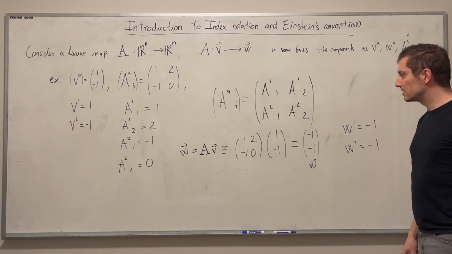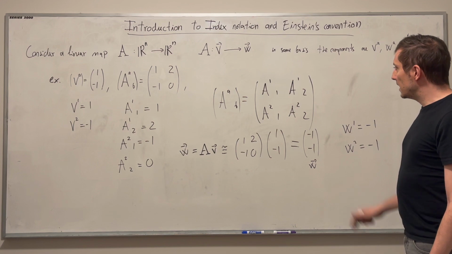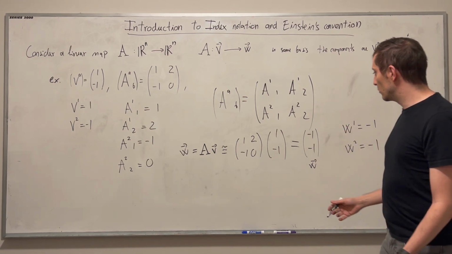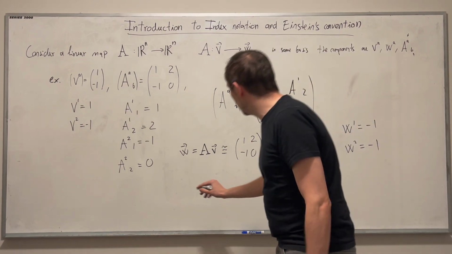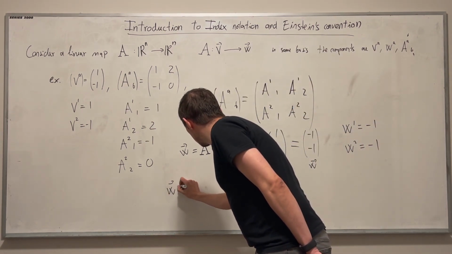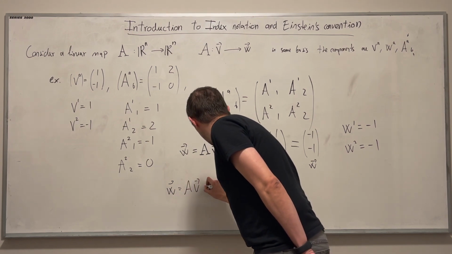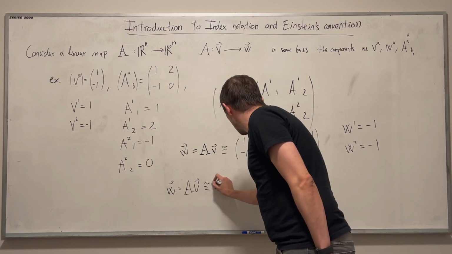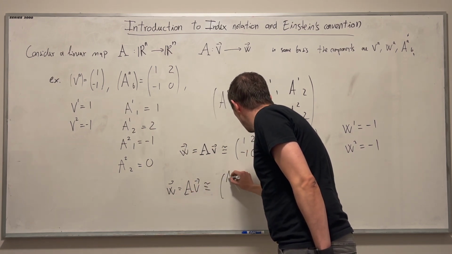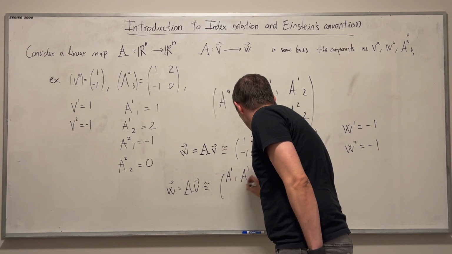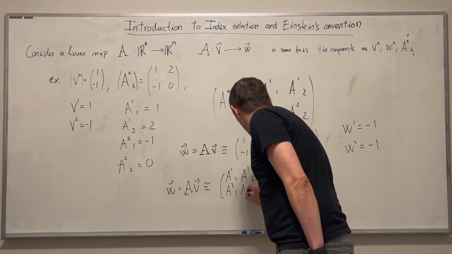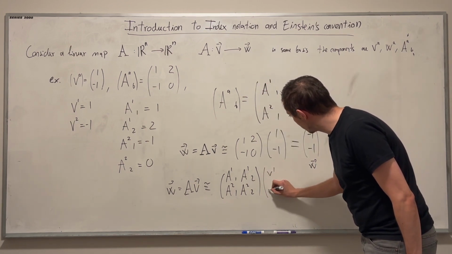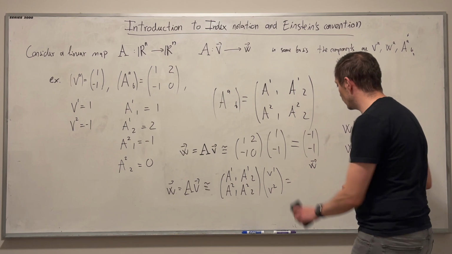All right, so interesting enough, if I were to do this in general, what would be the matrix product? And what do I mean by in general? Well, I mean that if I write that W is A acting on V, and say that in R2, A is represented as I have it here, A11, A12, A21, A22, and we do the matrix product with V1, V2, what do we get?